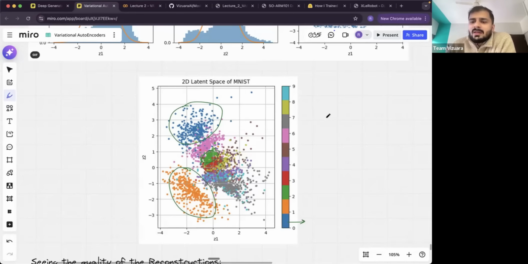So in the reconstruction loss, we are trying to maximize this, which is, given the latent variable, you try to maximize that the sample which you have generated is from the original distribution, or it matches the original image as close as possible.